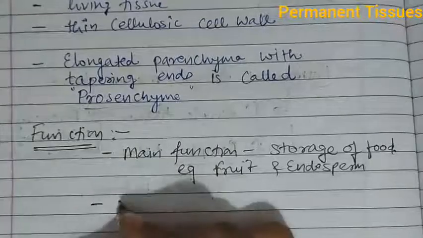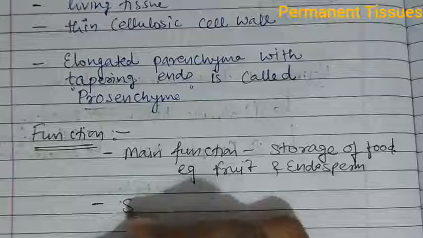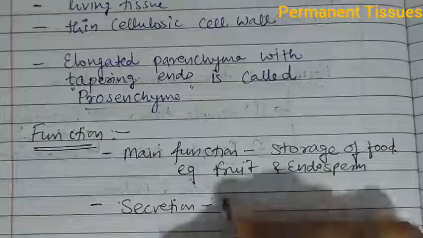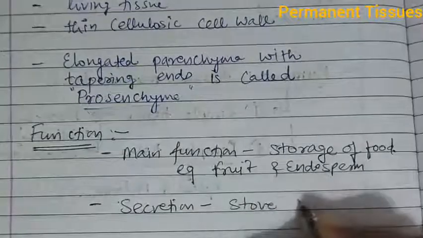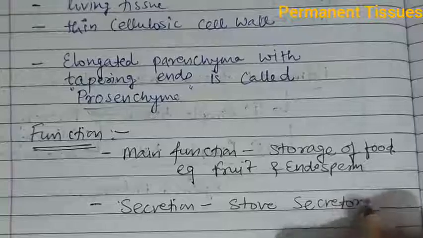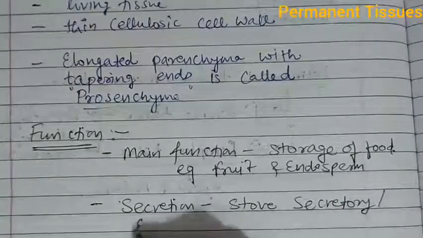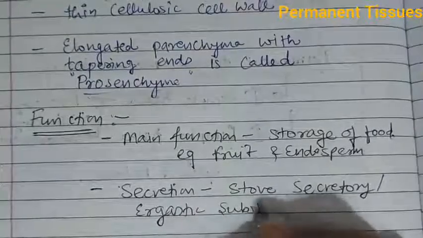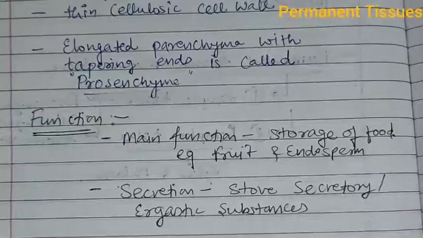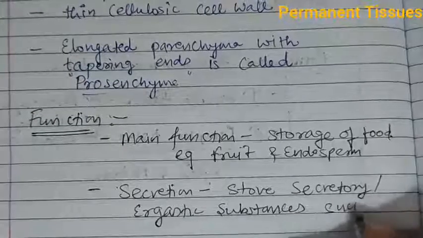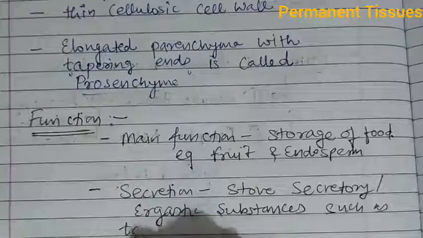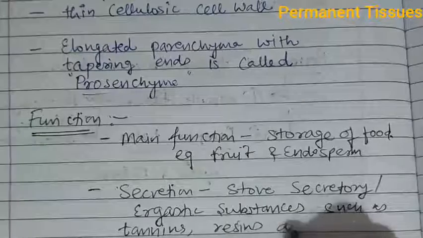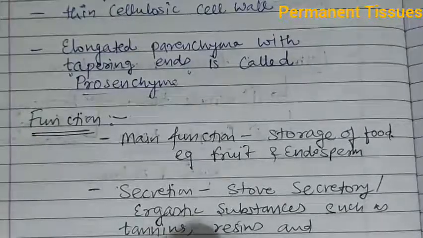Next function is secretion, and sometimes they store secretory or ergastic substances such as tannins, resins and gums.